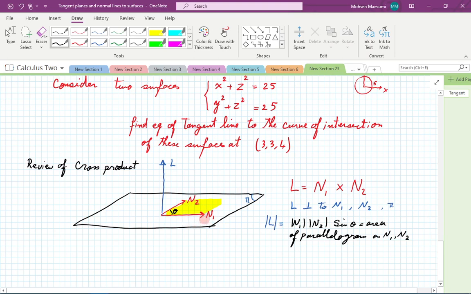The direction of your thumb will be in direction of L. So the direction of L is determined by the right hand rule.